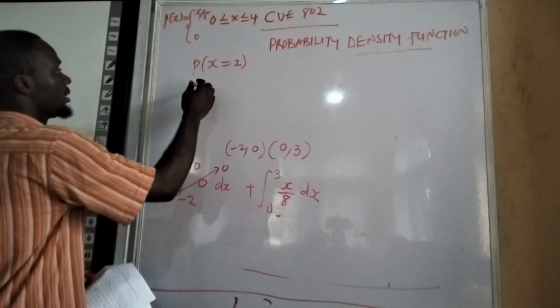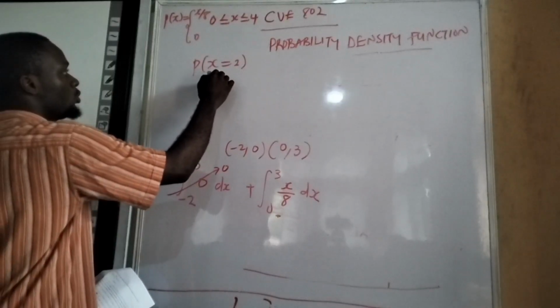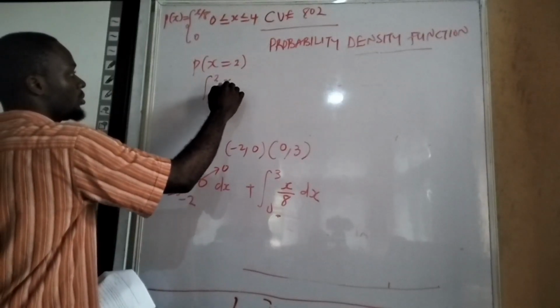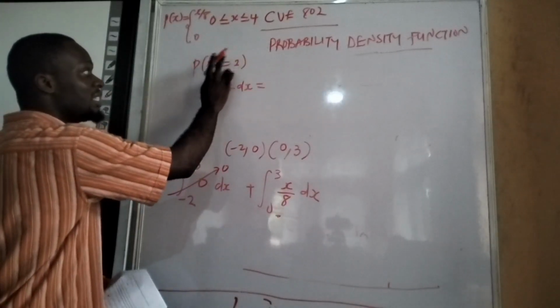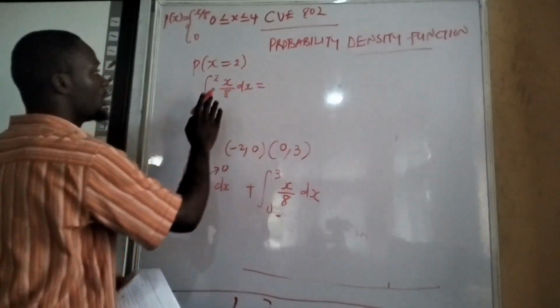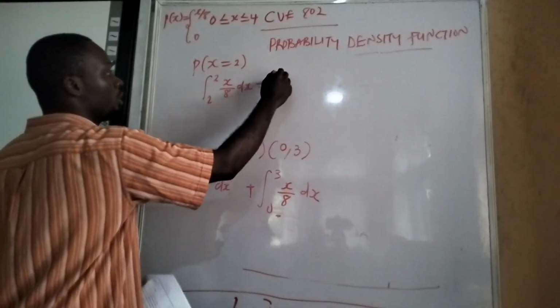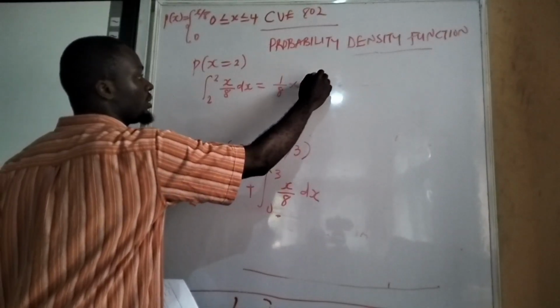So it means that we'll integrate from 2 to 2. Once you see this thing, just write the answer. So you don't need to solve, but let's do it. You bring out 1 over 8 outside. Remember, if you integrate, you get x squared over 2.